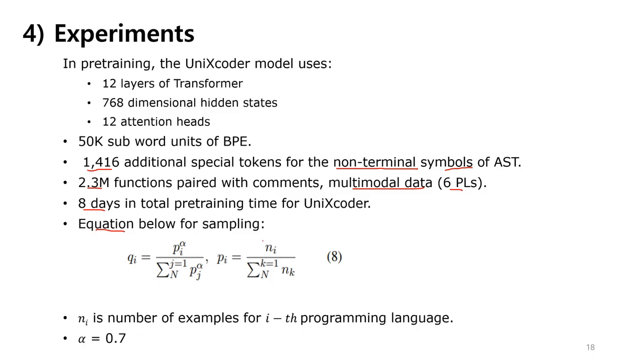This is just the ratio of the number of samples of a particular programming language to the total programming language source tokens. So they use this computational form to sample their input.